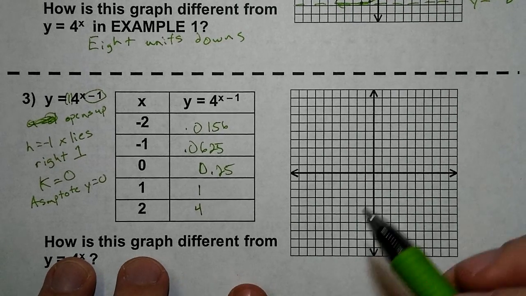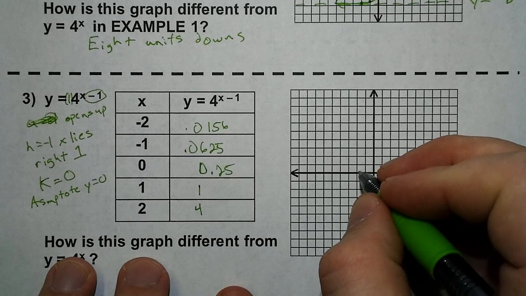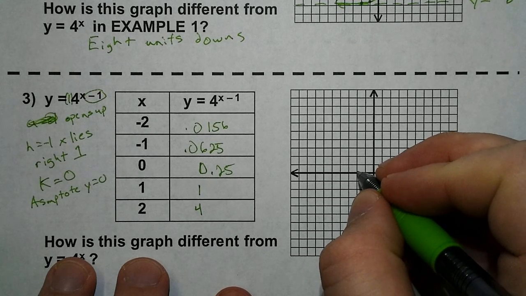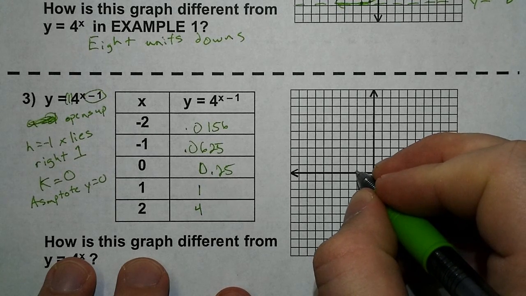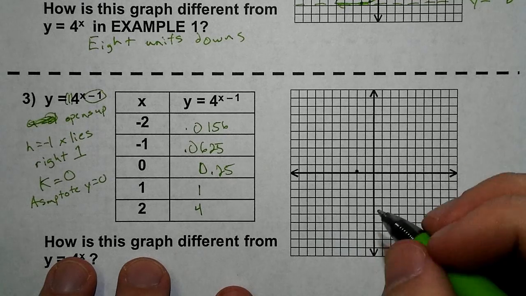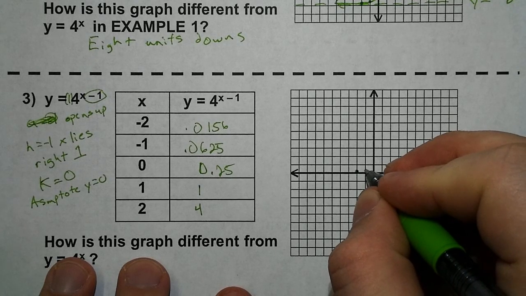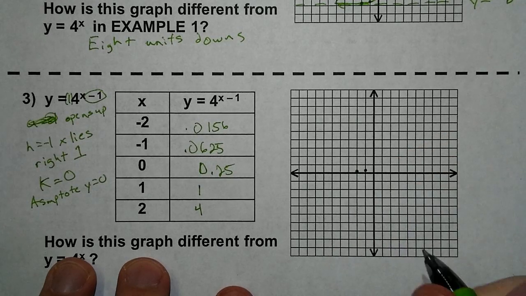Over here, when we're graphing it, the first one, -2 and 0.0156 should be really, really tiny. Put about, maybe right about there. Just barely above the line. 0.0625, that's really small, but it should be a little bit higher than the last one. So just show it's a little higher.